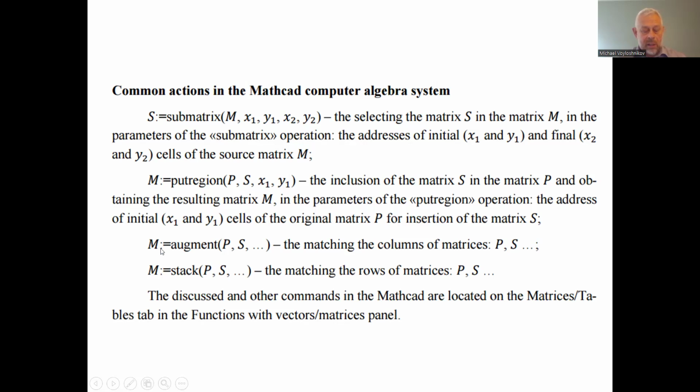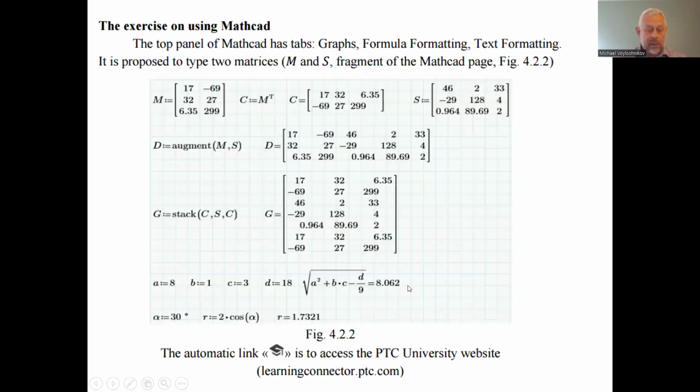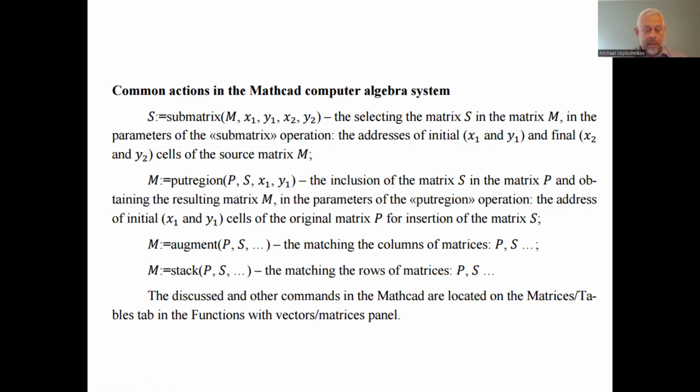The augment option is the matching of the columns of matrices P, S, etc. Stack is the matching of the rows of the matrices, etc. We did these augment and stack operations to combine the matrices. The other commands of Mathcad are located in the matrices tables.